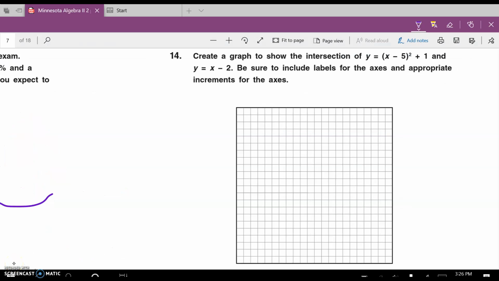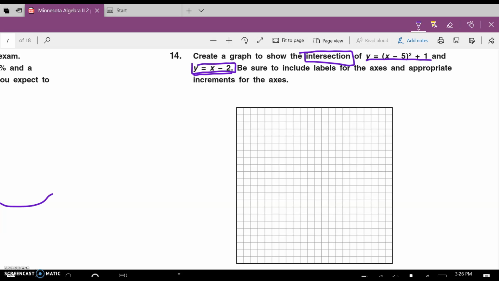All right, number 14. Number 14 says to create a graph to show the intersection, so that's a big important part, of y equals (x minus 5) squared plus 1 and y equals x minus 2. It wants you to make sure that you label it and have the appropriate increments. So first let's talk about x minus 2.